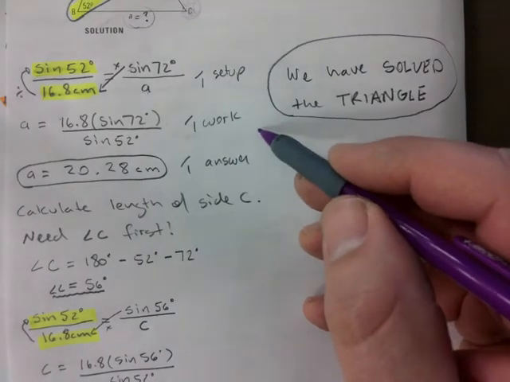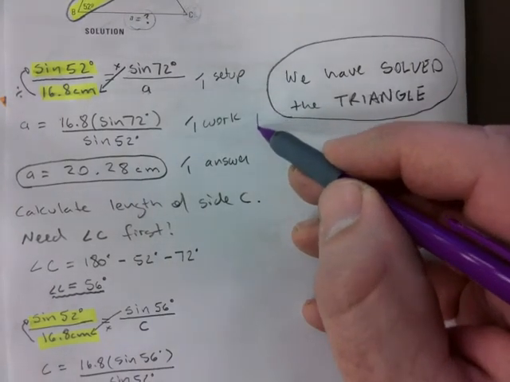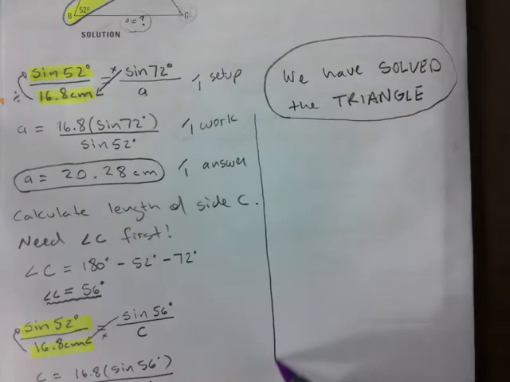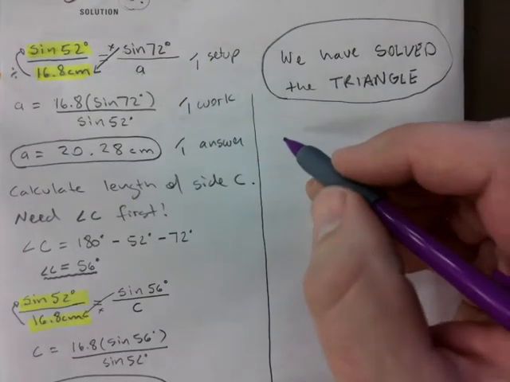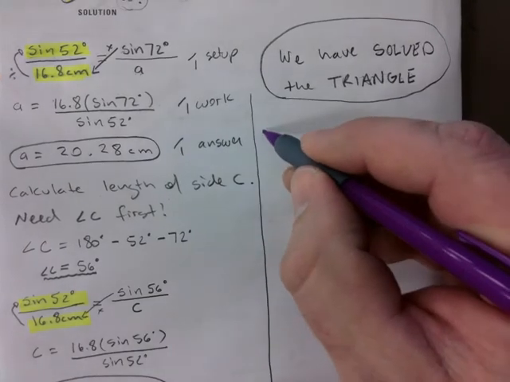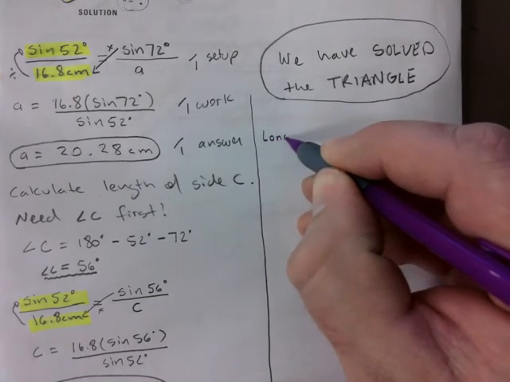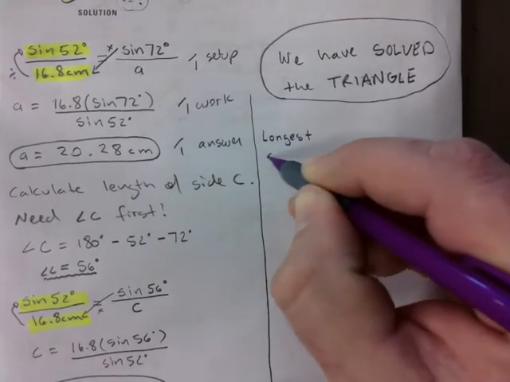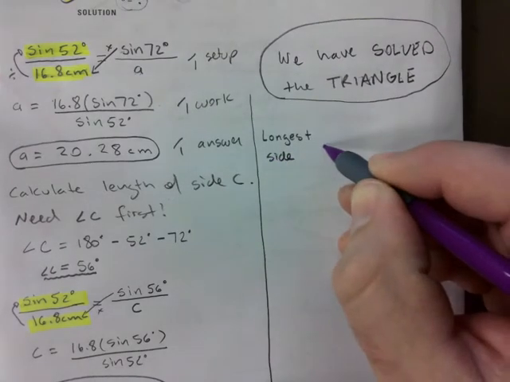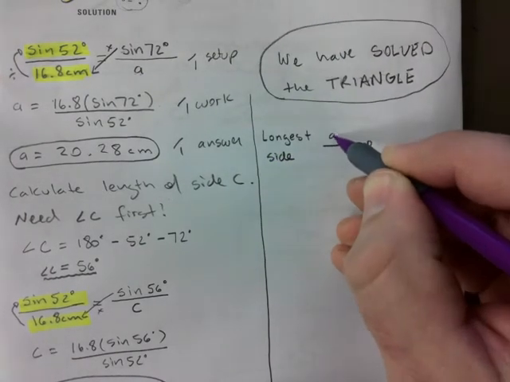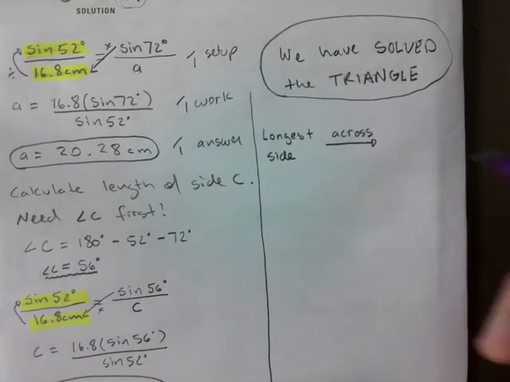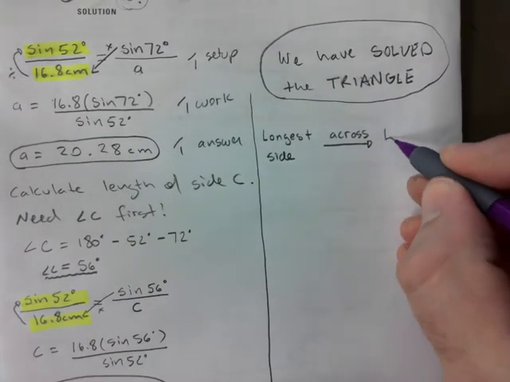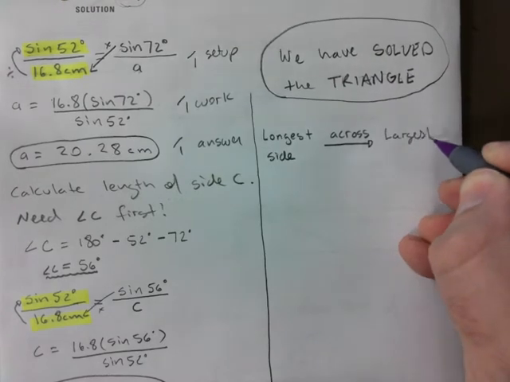Another side note. I'm going to block this off here because I don't want to mix the side note with the work. I will just say that the longest side is always going to be across the largest angle.